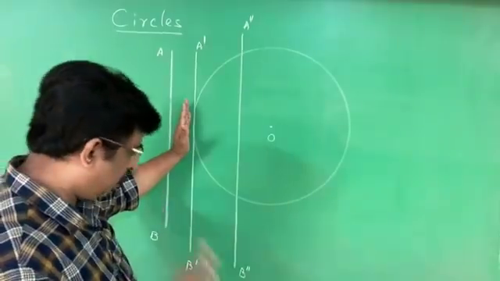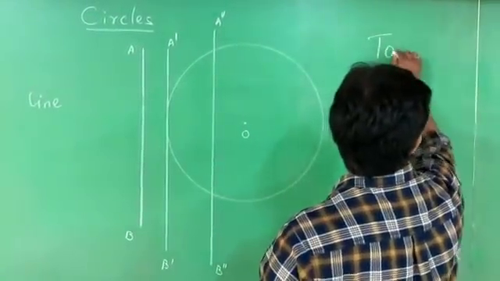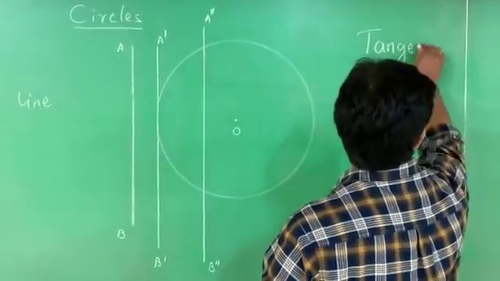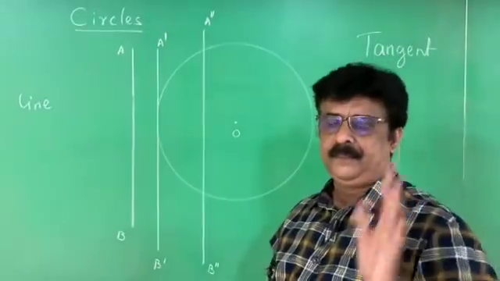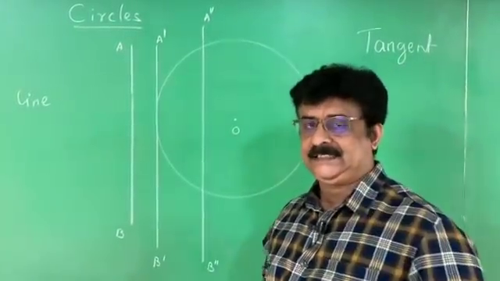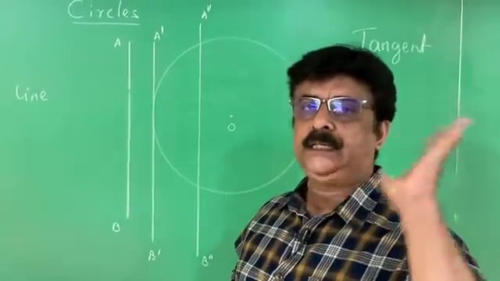That line is called a tangent. Tangent is a line which touches the circle at only one point.